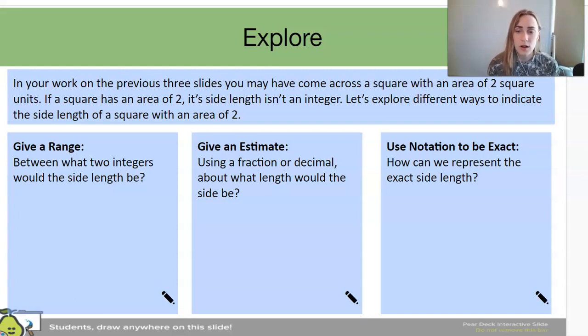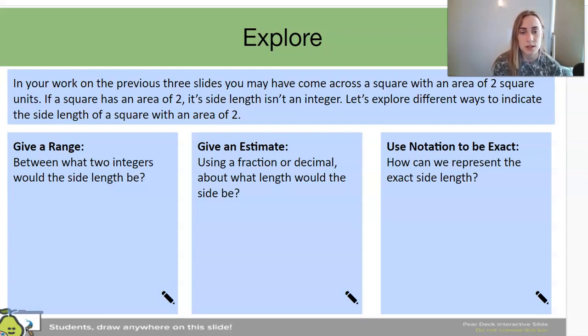And in our work on the previous slides, we may have come across a square with an area of 2 square units. If a square has an area of 2, its side length is not an integer. Let's explore different ways to indicate the side length of a square with an area of 2. So the first way on the left is to give a range.